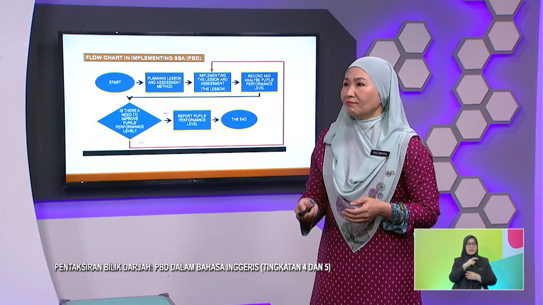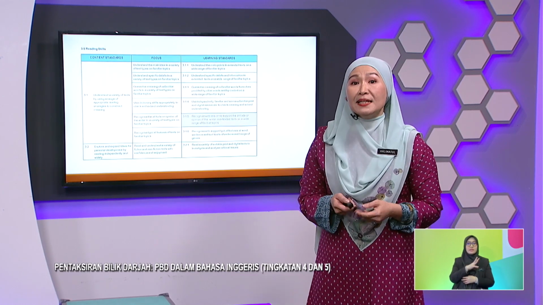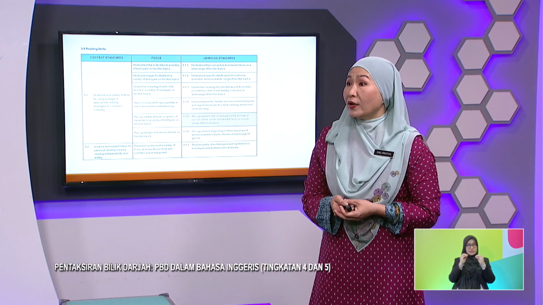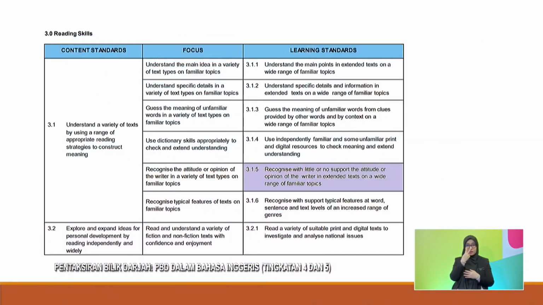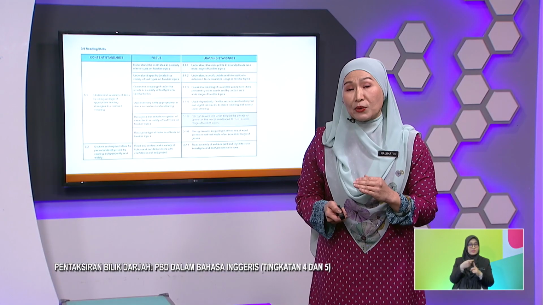Now, the particular learning standard that we are going to focus on is 3.1.5, which is recognize with little or no support the attitude or opinion of the writer in extended text on a wide range of familiar topics. And these learning standards, I've taken this out from the SOW, but, sorry, this is from the DSKP.